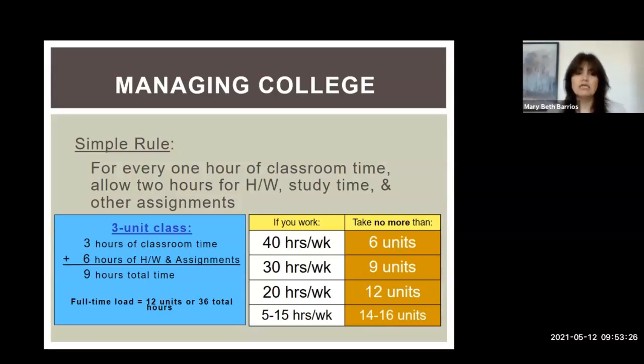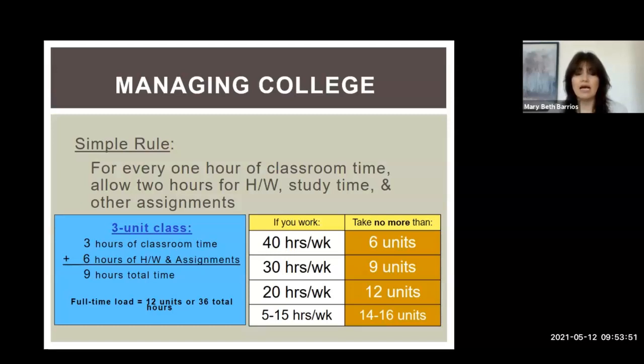So if you're taking a 3-unit class, you know that you're going to be in class 3 hours a week. In addition to that, you can anticipate spending another 6 hours outside of class. So 6 hours outside plus 3 hours inside means you'll be spending about 9 hours a week per 3-unit class.